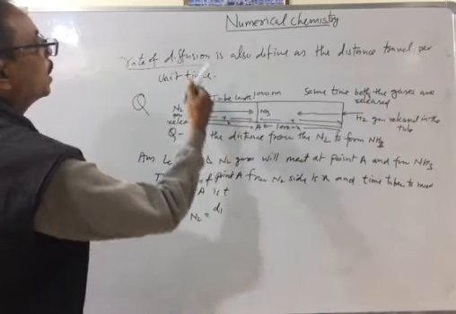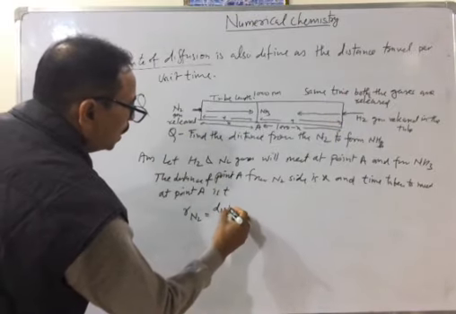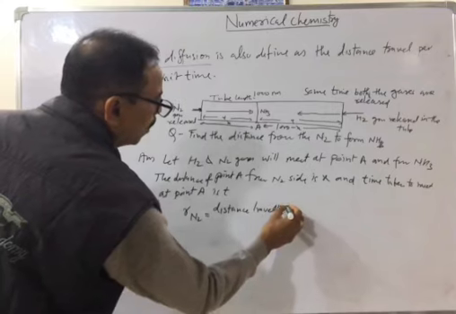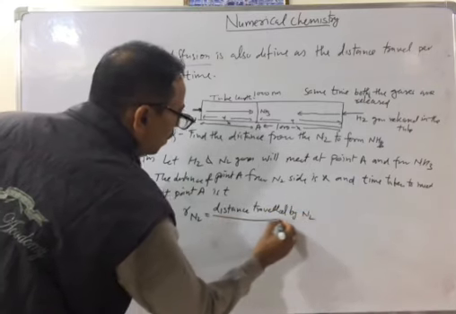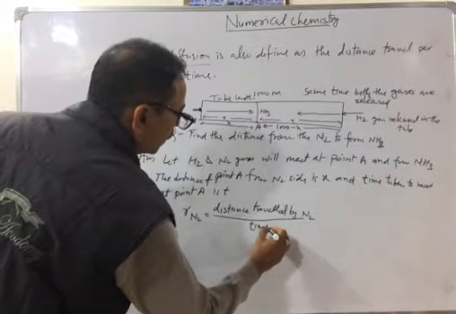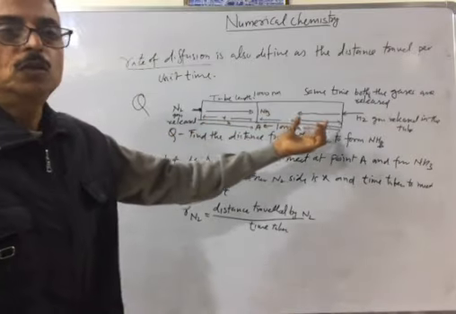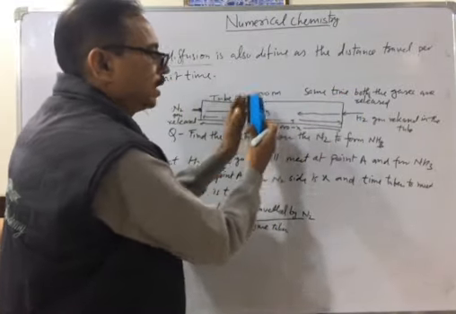As I told you earlier, this is distance traveled per unit time. So the distance traveled by nitrogen divided by the time taken, and the time will be the same for both because they are released at the same time and mix at the same point.